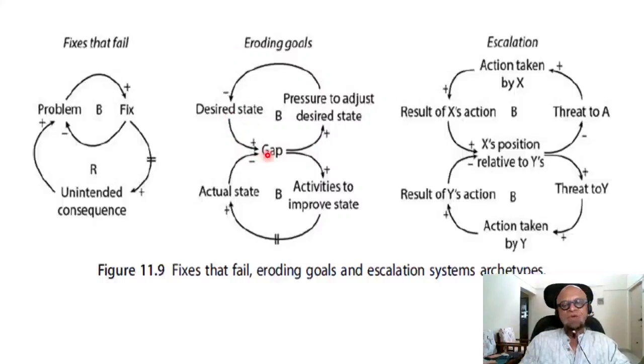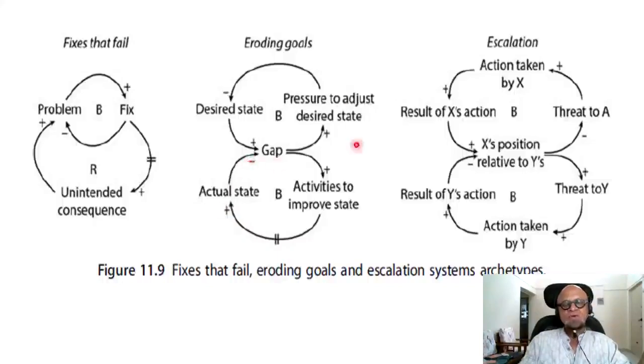When you have eroding goals, again, you have a desired state you want, and you want to fill the gap to make sure that you are getting to the desired state. So you have pressure to adjust to the desired state, which should have a beneficial effect or negative feedback to the desired state, but the gap may lead to activities to improve the state. With the delay, it may actually improve the actual state and make the gap worse, let's say.